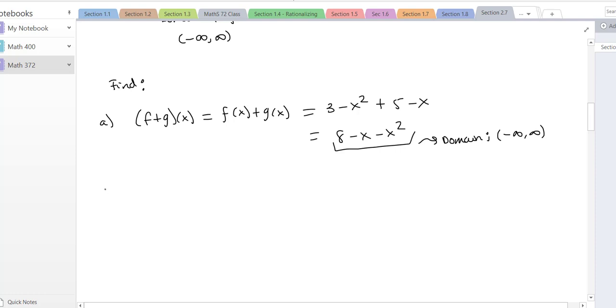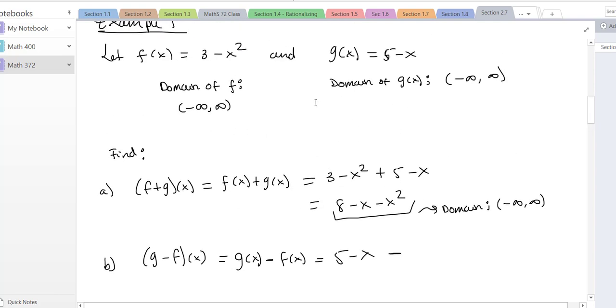So let's try the subtraction. Say I want to find g minus f of x. In this case, that means I'm doing g of x minus f of x. So g of x is the 5 minus x function, minus f of x. Now f of x has two terms, 3 minus x squared.